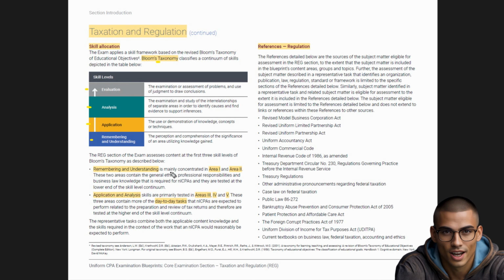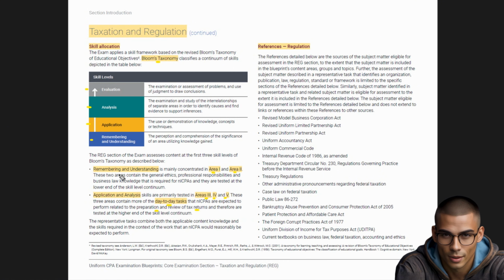So for the remembering and understanding, this is mainly going to be concentrated in Area 1 and Area 2 of the REG exam. And the application and analysis skills, these are going to be primarily tested in Areas 3, 4, and 5. And these three areas are going to contain more of the day-to-day tasks of the CPA that are expected to be performed related to the preparation and review of tax returns.